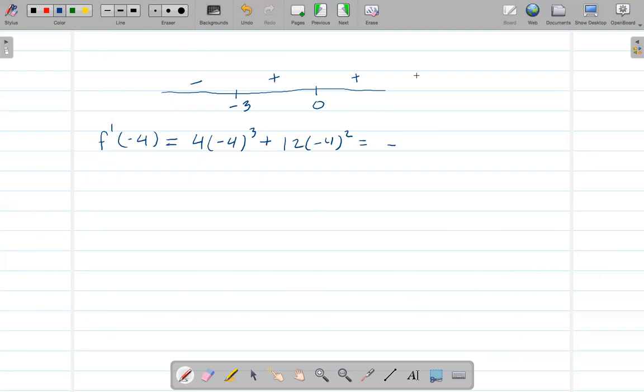Okay. So that means our increasing interval is going to be from negative 3 to 0. That's one interval. And also from 0 to infinity.